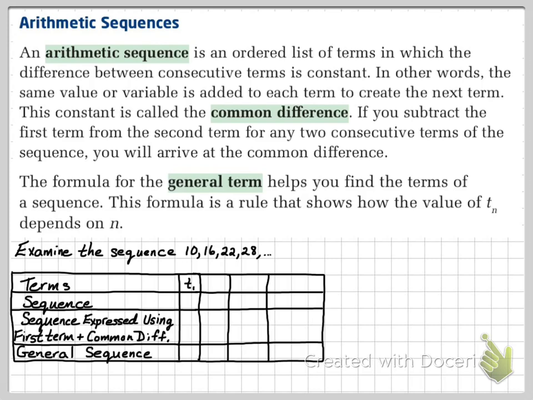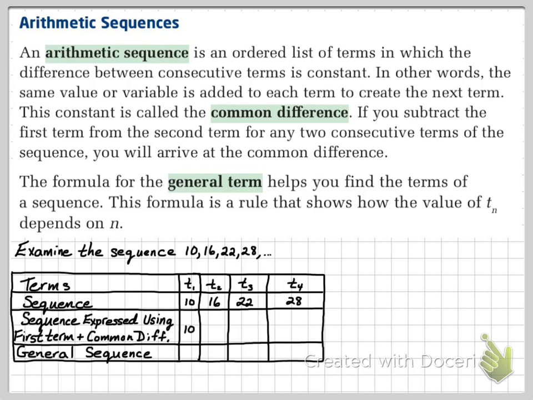Term 1 is going to be 10. Term 2, 16. Term 3, 22. Term 4, 28, and we can keep going. The sequence using the first term and the common difference: well, the first term would just be 10.